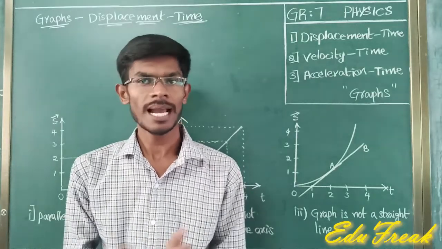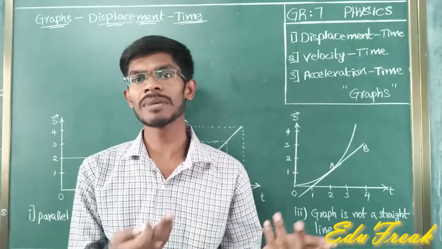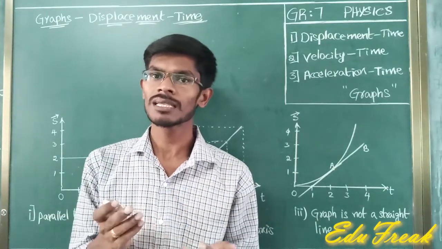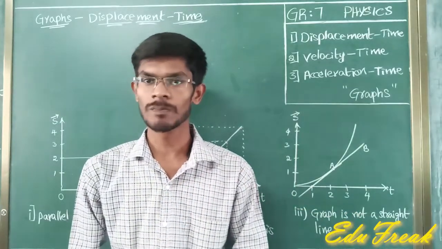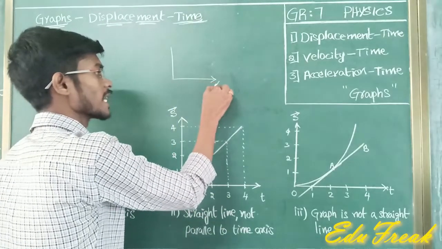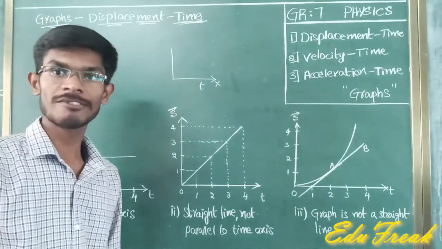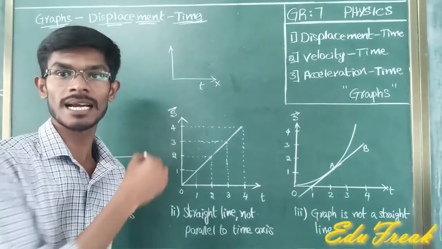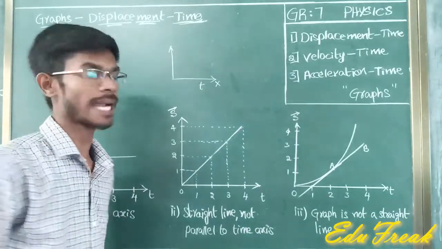Means the distance covered by the object becomes 0. So along the horizontal x-axis we will consider the values of time, and along the vertical y-axis, the displacement, velocity and acceleration.